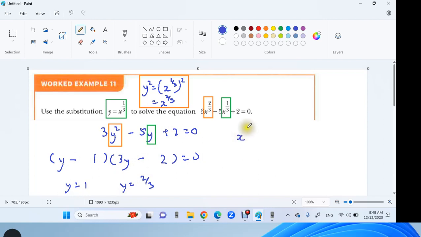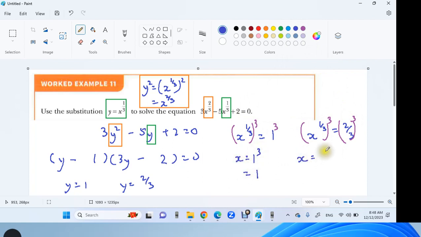So we have x power 1 over 3 equal to 1 and x power 1 over 3 equal to 2 over 3. What we do next is we cube both sides. So x is equal to 1 cubed, which is 1, and x equal to 2 over 3 cubed, which is 8 over 27.